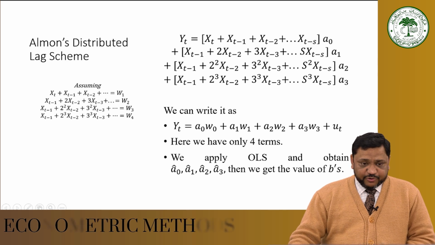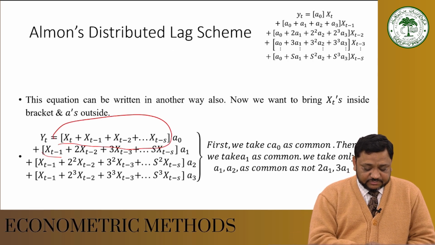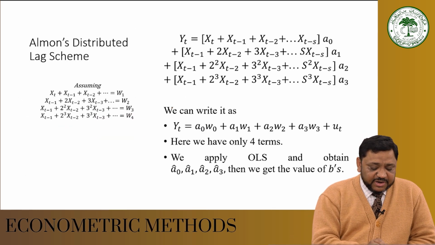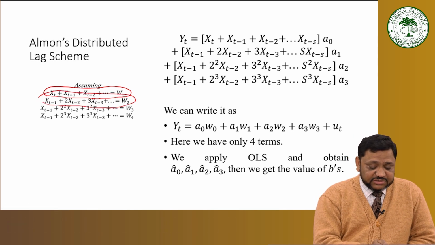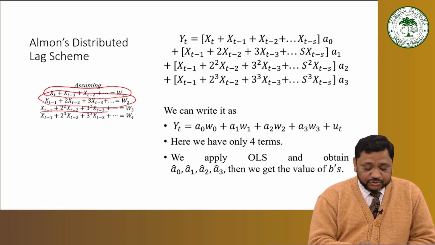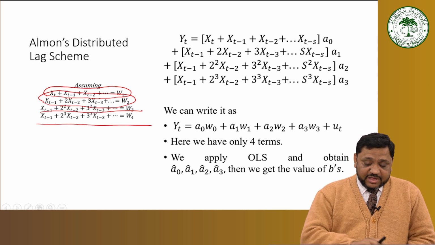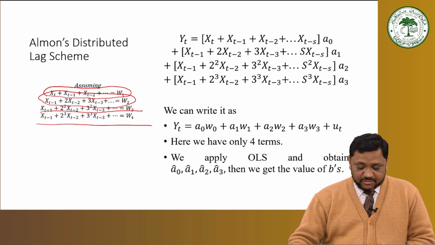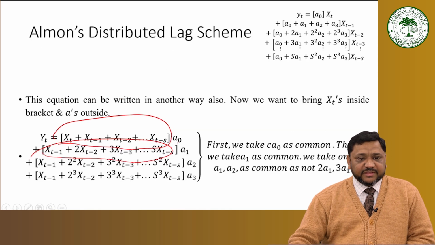Now what we do is simply denote the first one as W1, the second one as W2, then W3 and W4. Then we incorporate it, so instead of this we write that.